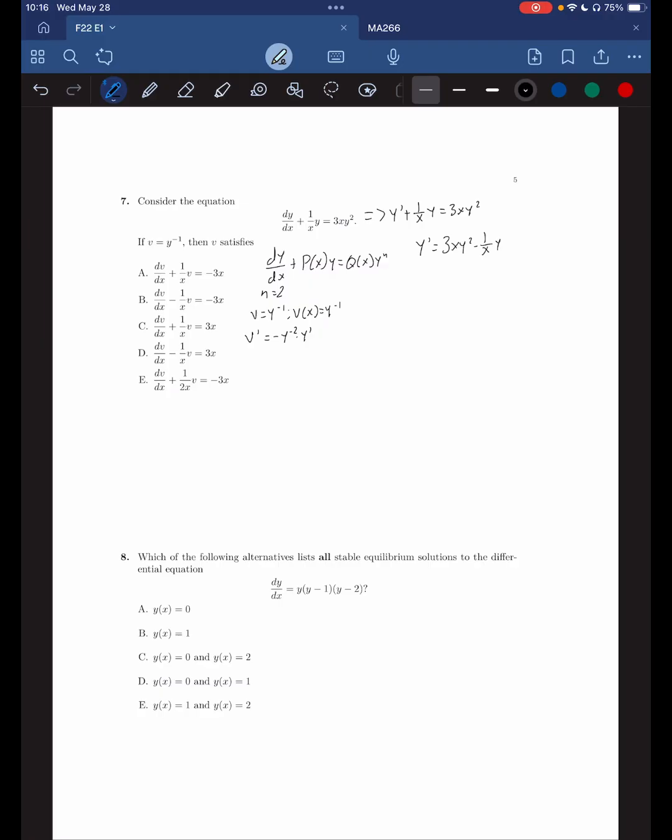But if we take a closer look, we know that y prime is actually equal to v prime over minus y to the minus 2. Right. And then I will substitute that in there, v prime over minus y.